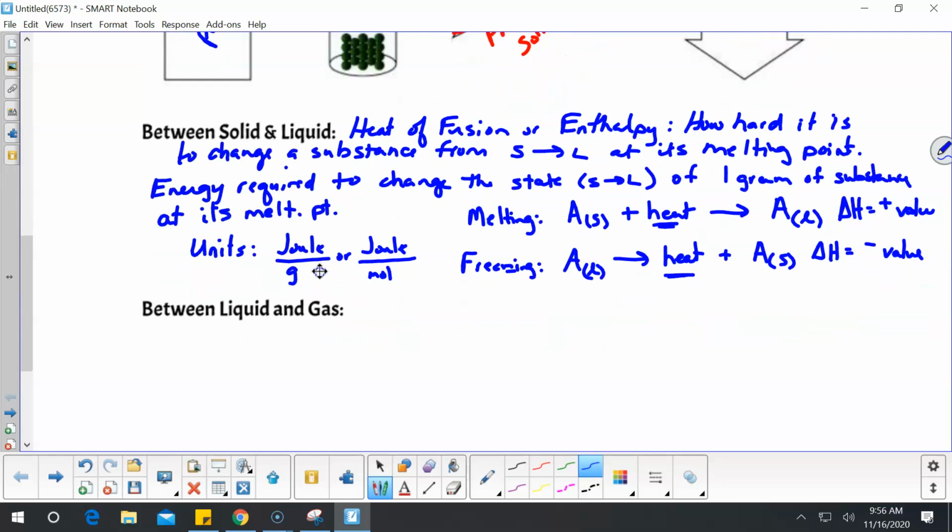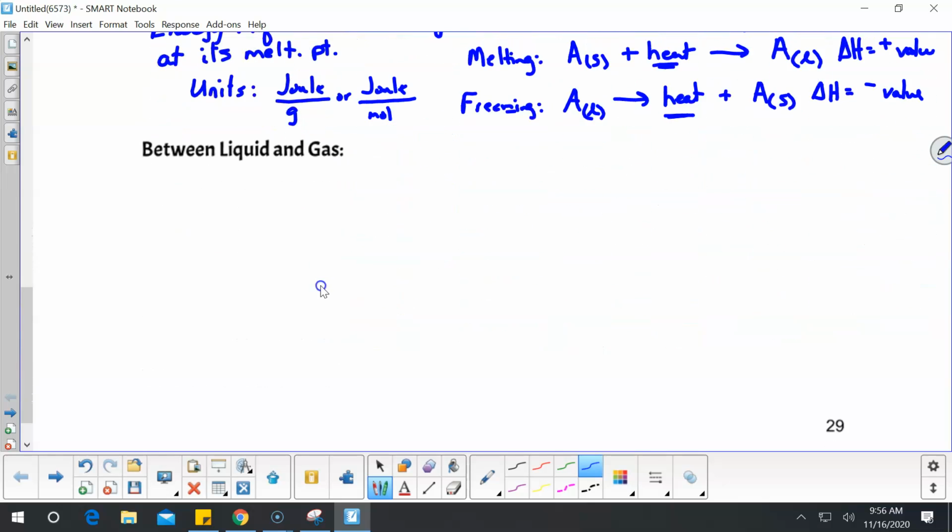Now, the difference between a gas and a liquid. Same thing here. This is called the heat of vaporization, or we call it the enthalpy.